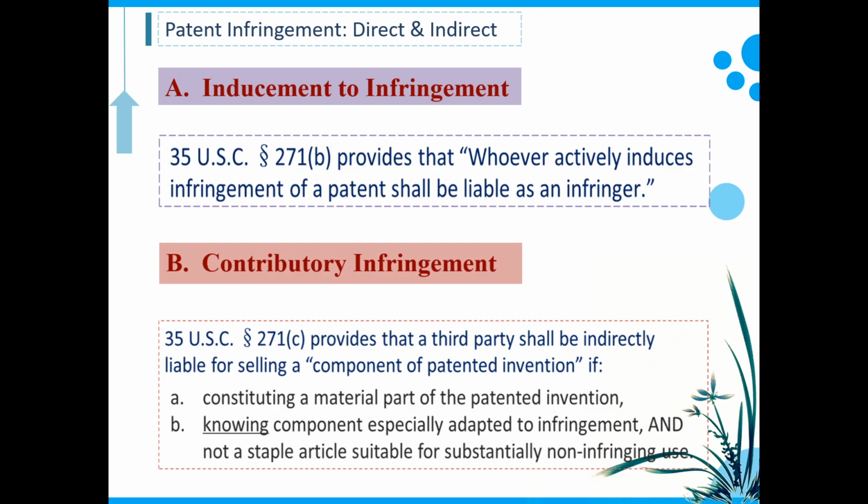So the component itself as a product by the third party is not infringing. What is infringing is the factory which purchased these components and made them part of the final products.